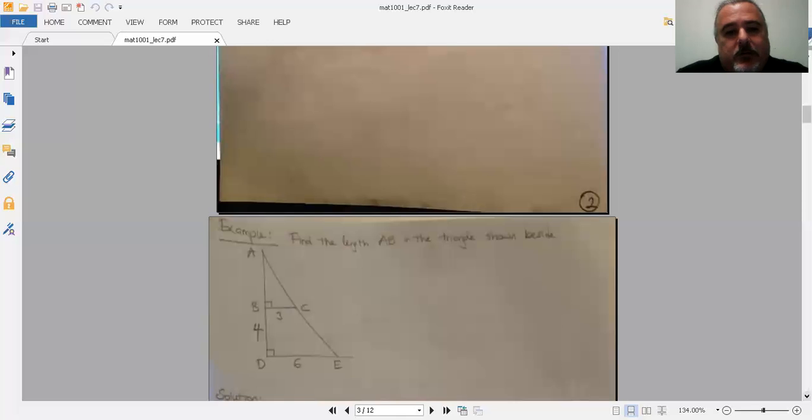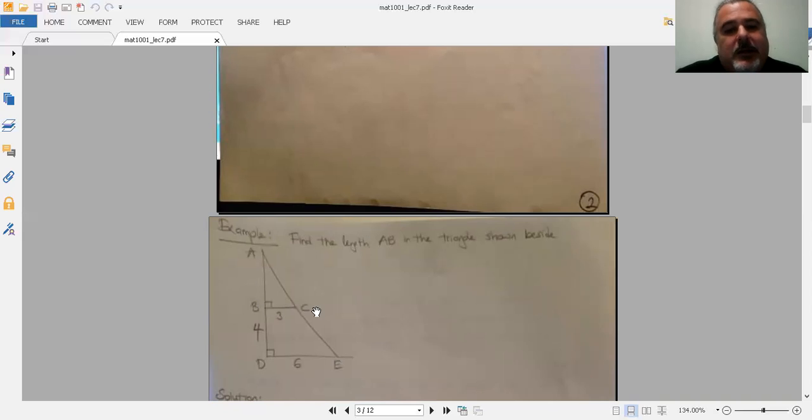Another example: find the length AB in the triangle shown beside. So here we have two triangles, and because the smaller one is a kind of subset of the bigger one, we can easily say that they are similar. We know that BC is 3, DE is 6. And it is asking me to find AB.